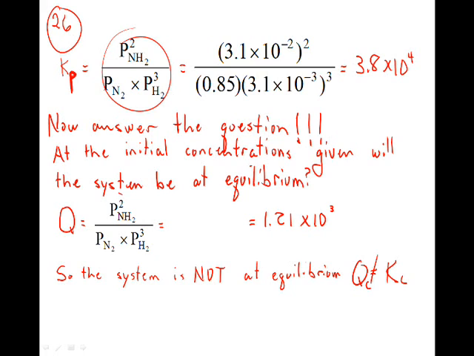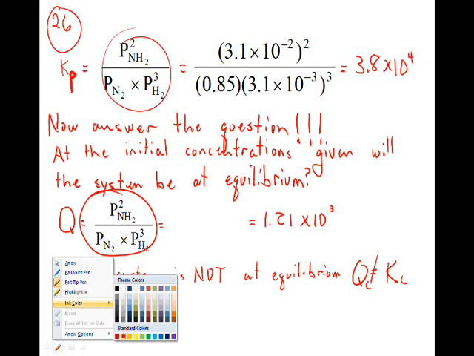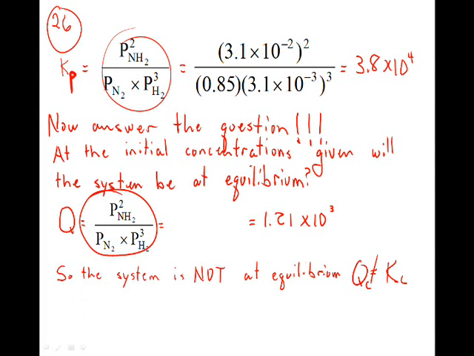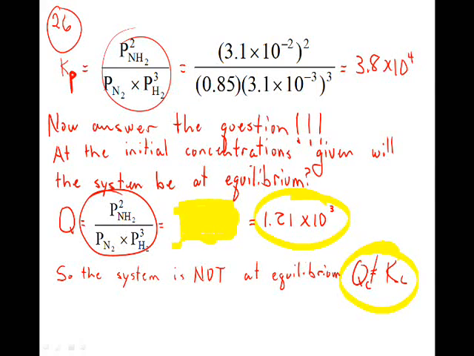So, you use the equilibrium expression, and into the equilibrium expression, you substitute the values given in the problem for partial pressures of the different gases that are involved, and you should get this for Q. Now, this system is not at equilibrium because Q does not equal K. Q does not equal the equilibrium constant.